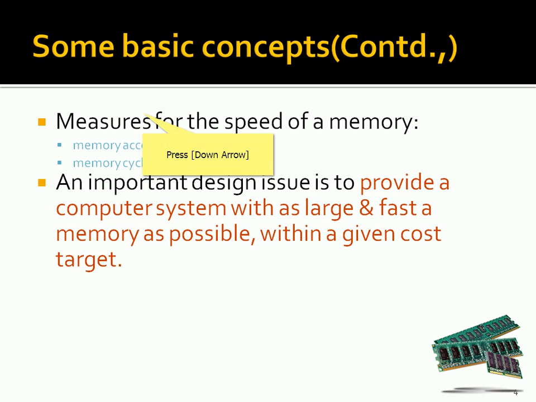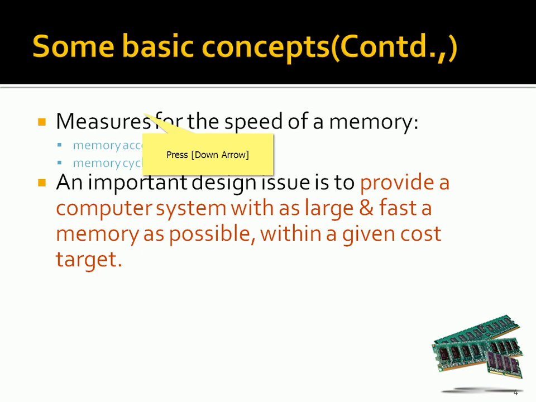data. An important design issue is to provide a computer system with as large and fast a memory as possible within a given cost target. So the faster the memory, the higher the cost. Along with speed, there should be a large amount of memory.